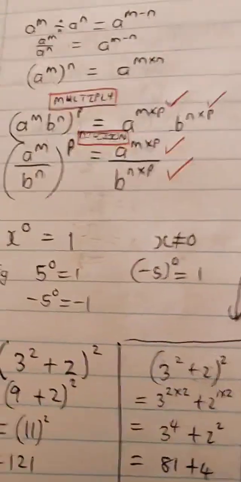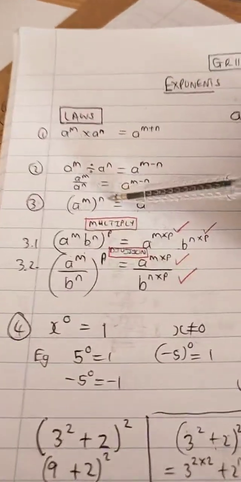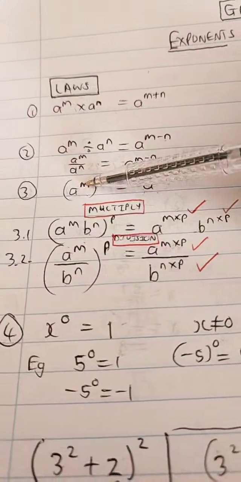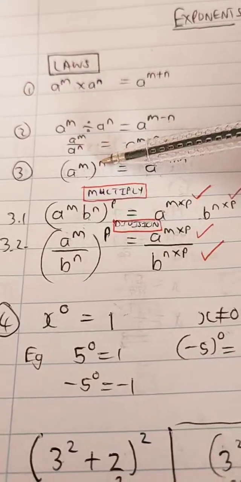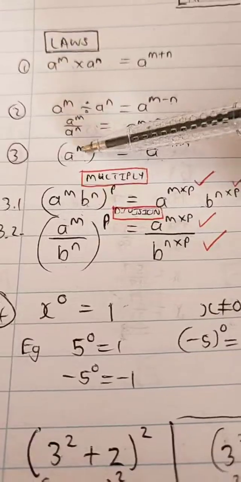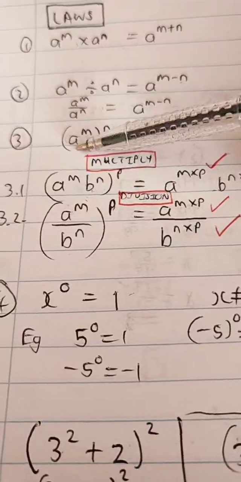I want to go back to what I said to you when I did the laws. I said to you, law number 3, a base raised to an exponent raised to another exponent, you simply simplify this by multiplying. You multiply the exponent for that particular base. Does that make sense?